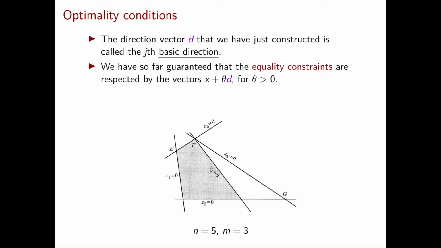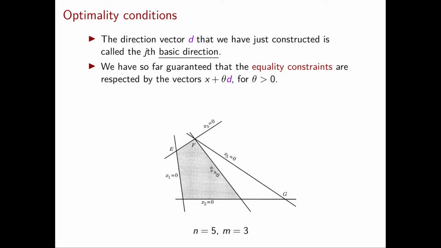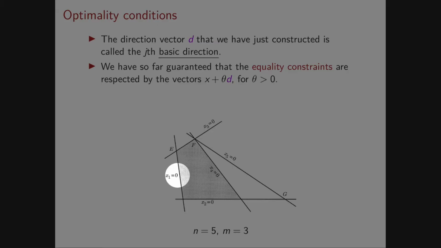Well, we can understand it from the position of the polyhedron P, which in this case is this gray area here. Remember that every point in the polyhedron satisfies x1 greater than or equal to 0. Therefore, x1 is positive on the right of the line x1 equal to 0 and negative on the left of the line.